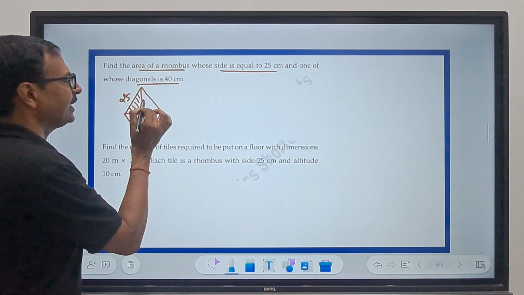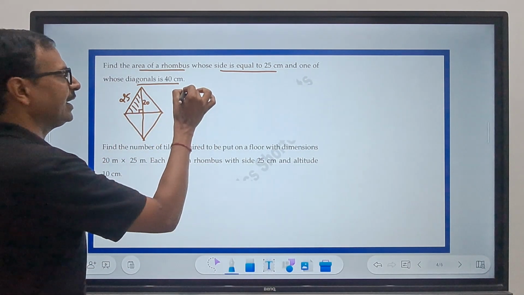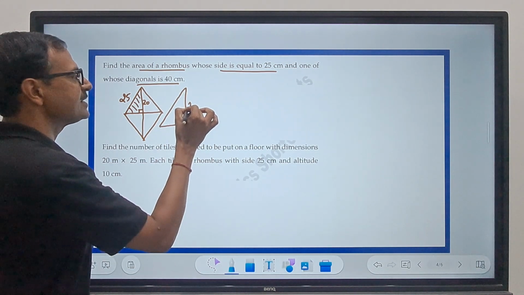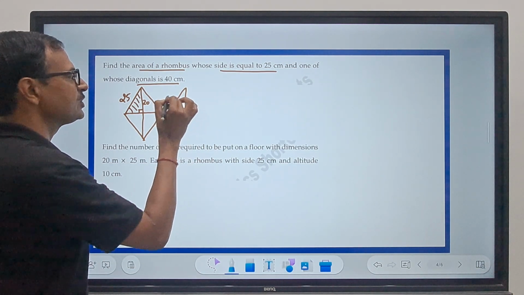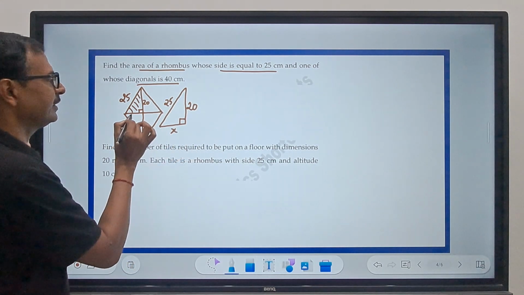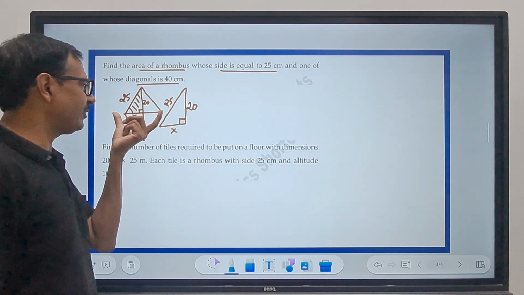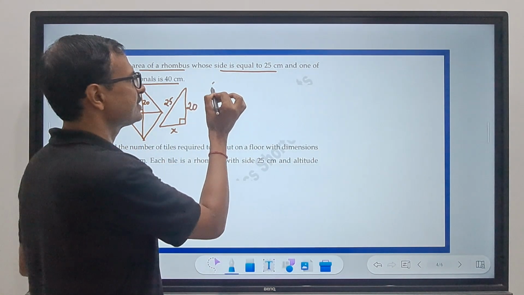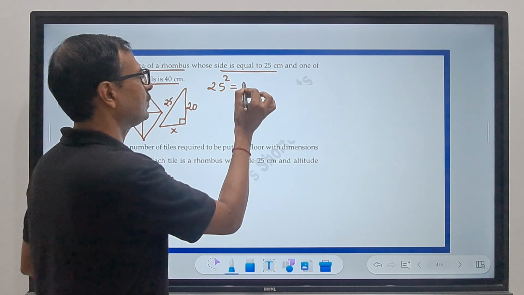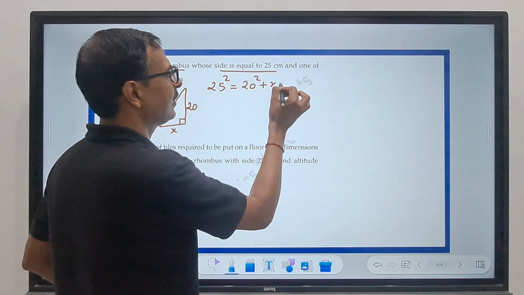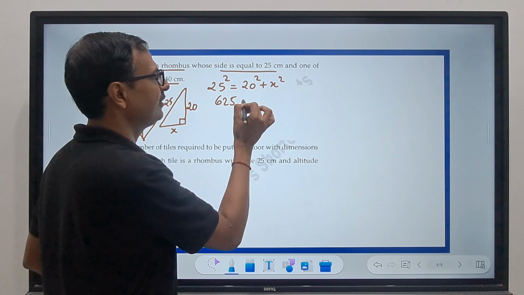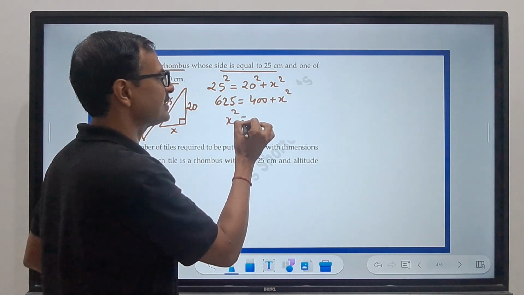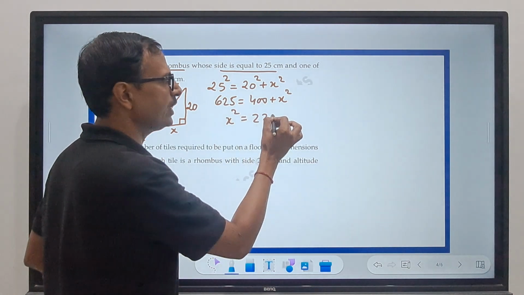If I assume that this is 20, so I have a right angle triangle like this, where this is 20 and this is 25. So I can find this part, that is this x, which is half of the other diagonal. How do I do that? I will apply the Pythagoras. 25 square equals 20 square plus x square. 625 equals 400 plus x square. So x square is 625 minus 400, which is 225.